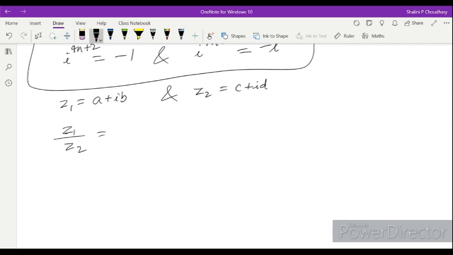So what will be the value, a plus ib divided by c plus id. But how can we divide if अगर नीचे जो है in denominator if we have a complex number, so how can we divide it? Okay, so basically हमें इसे we have to convert it into a real number.